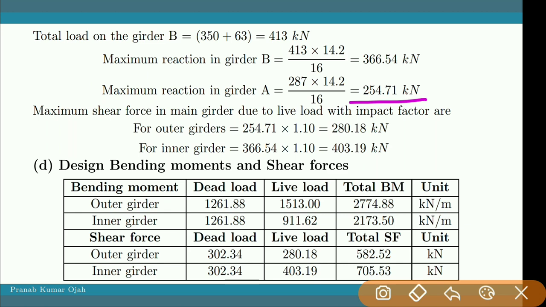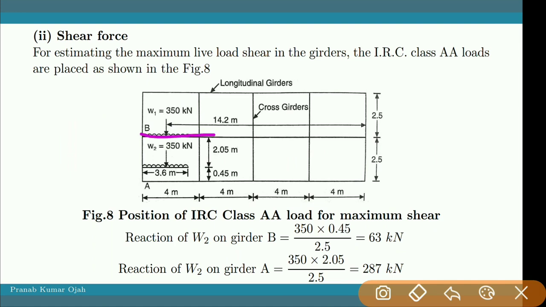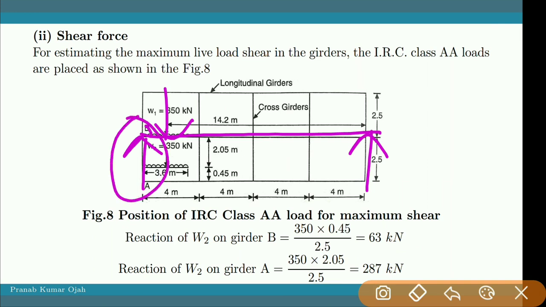If I apply the impact factors, finally for the outer girder it comes out as 280, and for the inner girder it comes out as 403.19 kilonewton. Some may ask why, for this longitudinal girder, I have taken this support reaction and not this one.